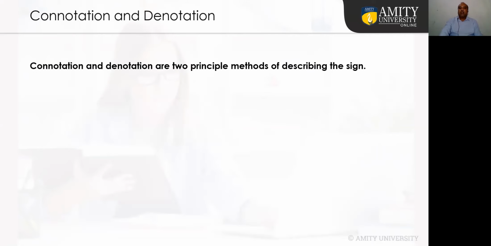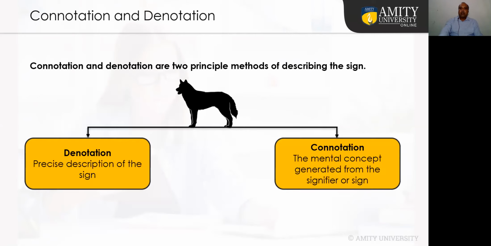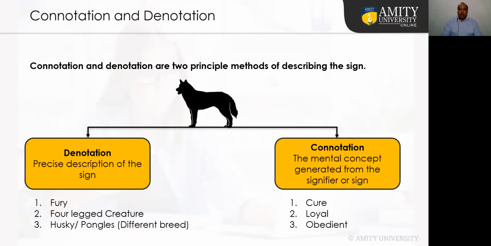Connotation and denotation are two principal methods of describing signs and symbols. Here we have one image of a dog. How do we divide this into two parts by connotation and denotation? Denotation is the precise description of the sign. So we can have a dog which has some beard, a black color, and furry.